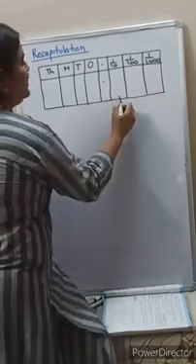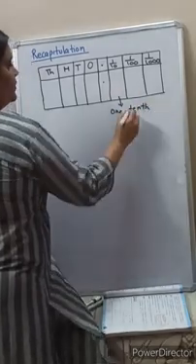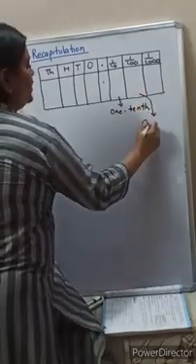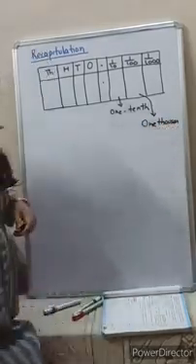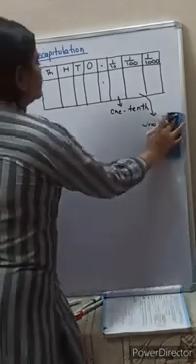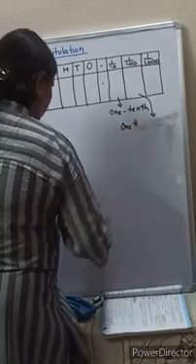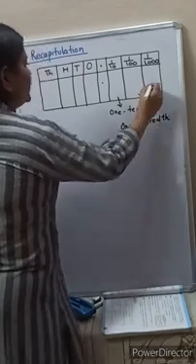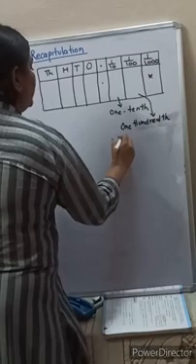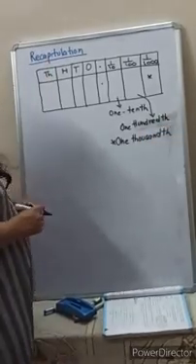So how are you going to write these? 1/10, 1/100, 1/1000. So using this, you are going to write the place value chart.